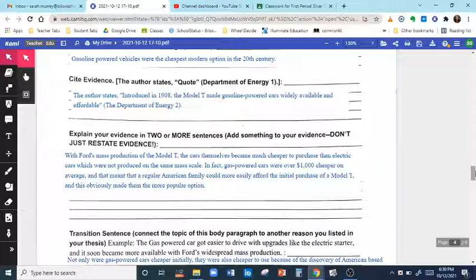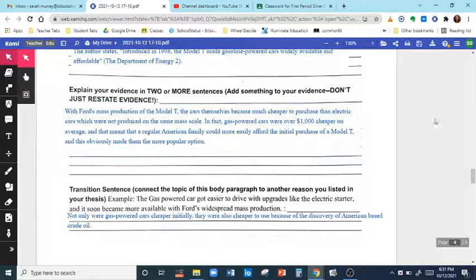In fact, gas-powered cars were over $1,000 cheaper on average, and that meant that a regular American family could more easily afford the initial, so that first purchase of a Model T, and this obviously made them the more popular option. A normal American family is concerned about saving money, so that's why they are more popular.